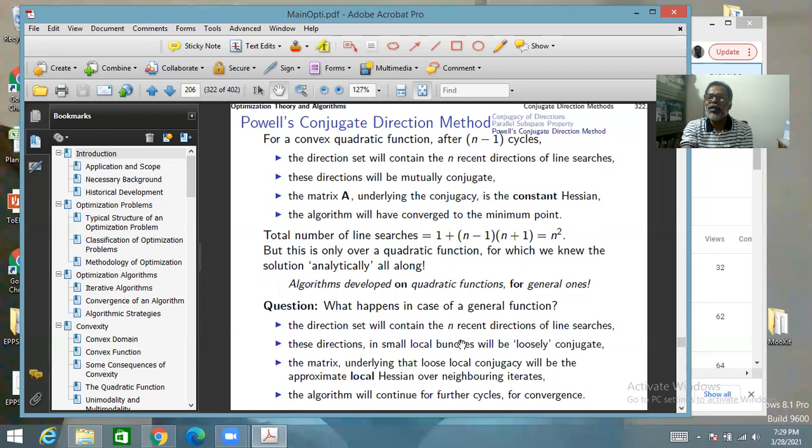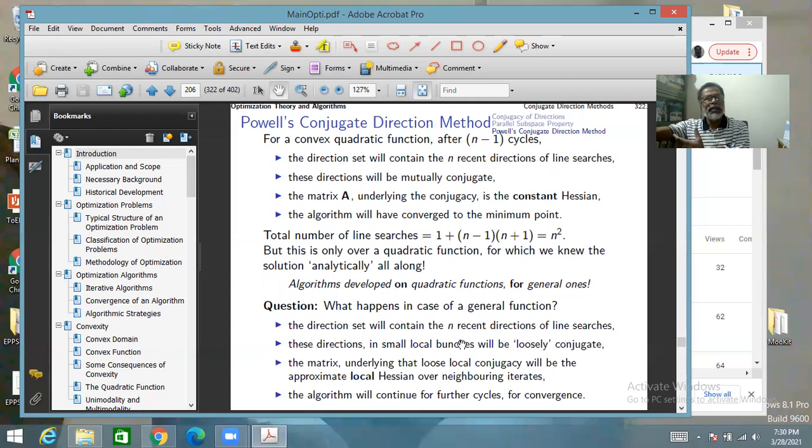But in small local bunches, the directions may be among themselves conjugate loosely. So you can expect that directions, say in a 20 variable problem, directions 3, 4, 5, 6 will be roughly conjugate to each other with respect to an underlying matrix which happens to be the approximate Hessian in that neighborhood.